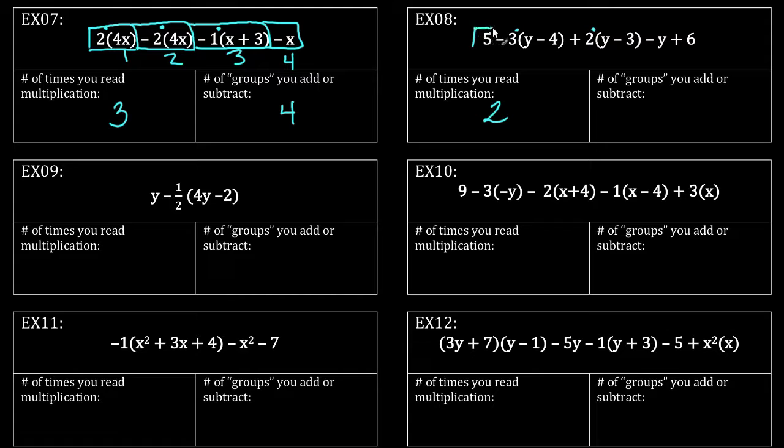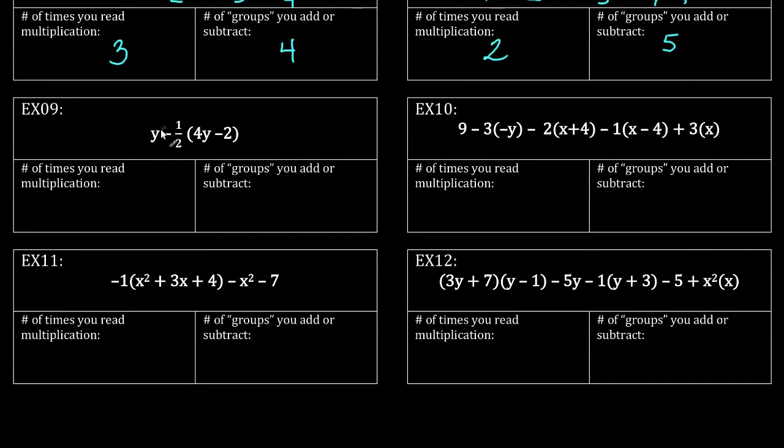I start off with 5, and I take away 3 times y minus 4, and then I add 2 times y minus 3, and then I subtract y, and I add 6. I have 1, 2, 3, 4, 5 groups, so to speak.